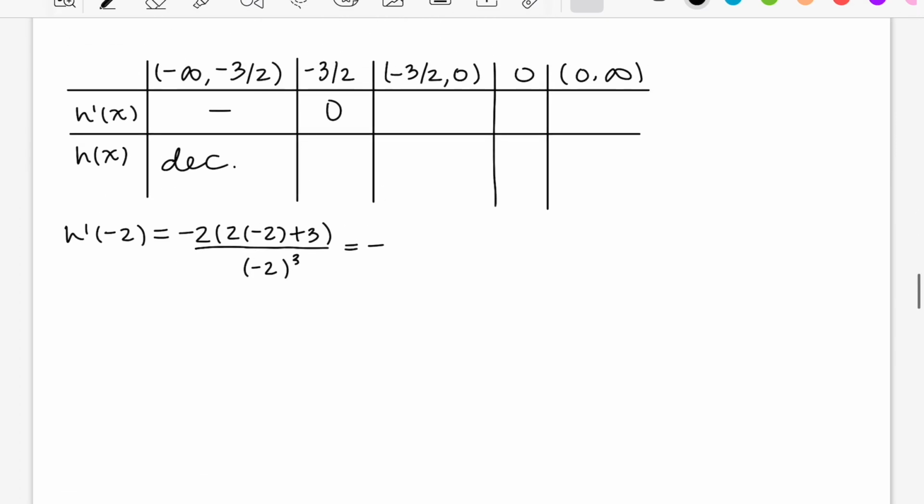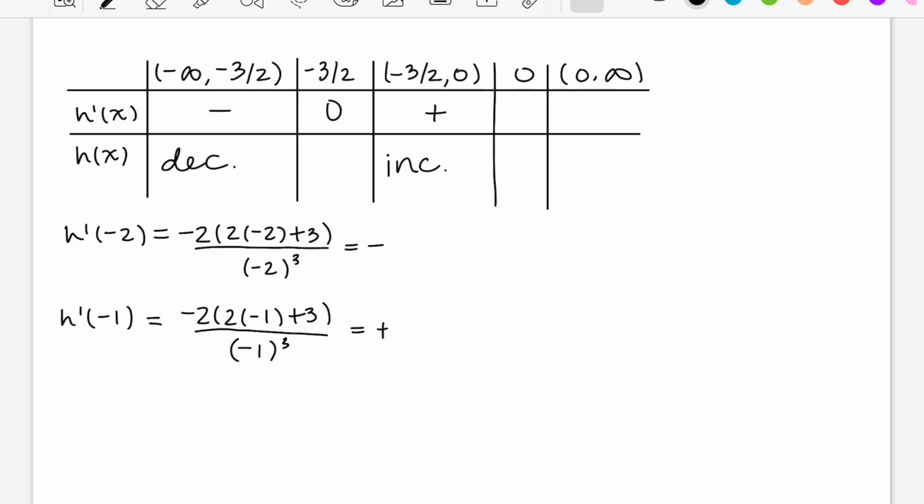Looking at the next interval, we'll evaluate our derivative at negative 1. And then evaluating this, we'll get a positive number here. So our function is going to be increasing over that interval. And then something to note here is that we see that our function goes from decreasing to increasing.